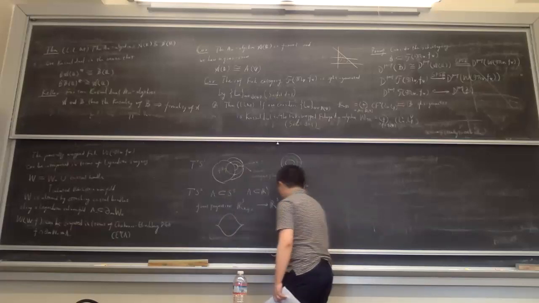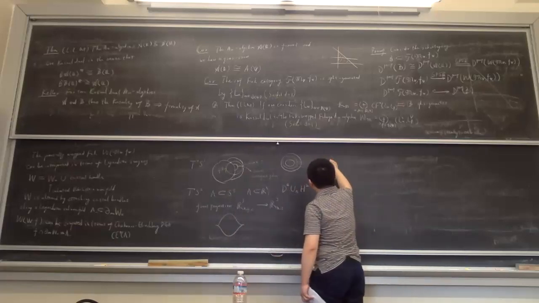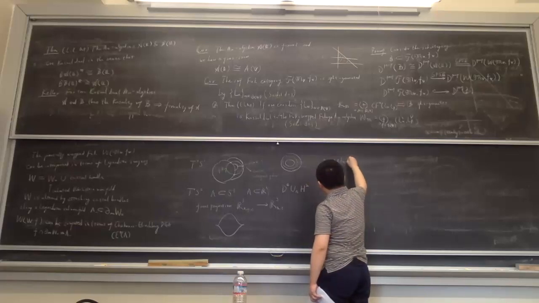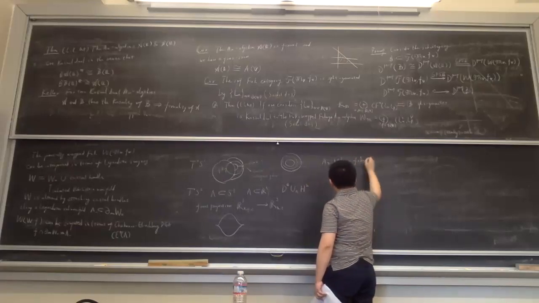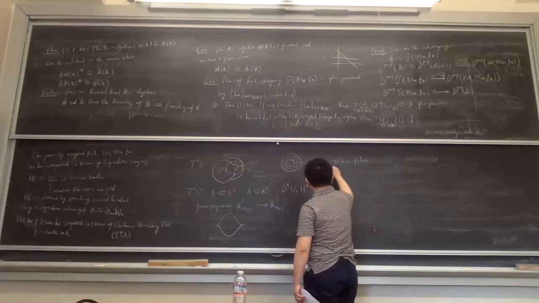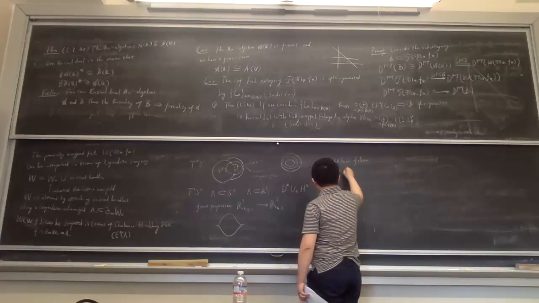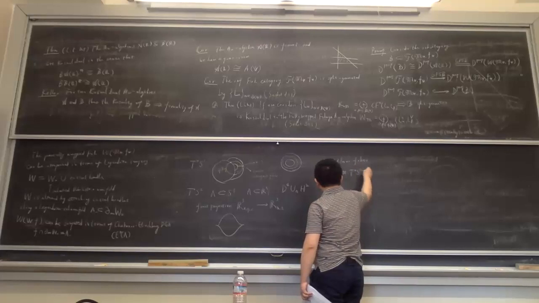And you can consider more complicated cases. For example, the A2 Milnor fiber. So the A2 Milnor fiber is a plumbing of 2 copies of T star S2.